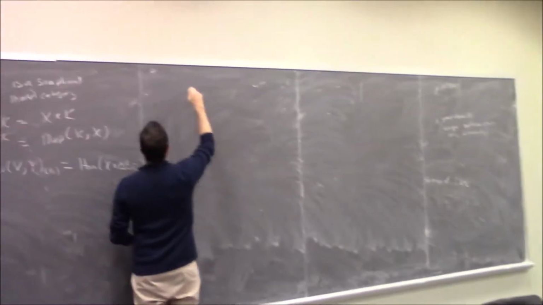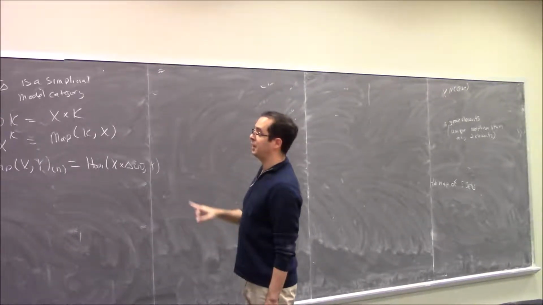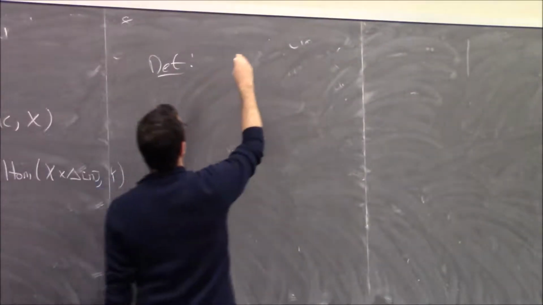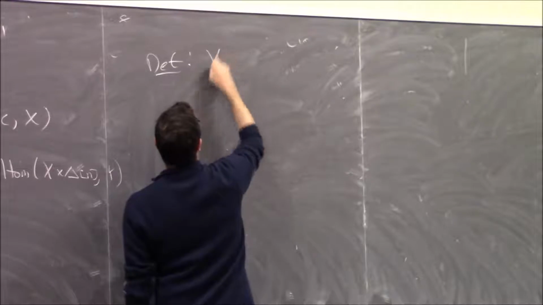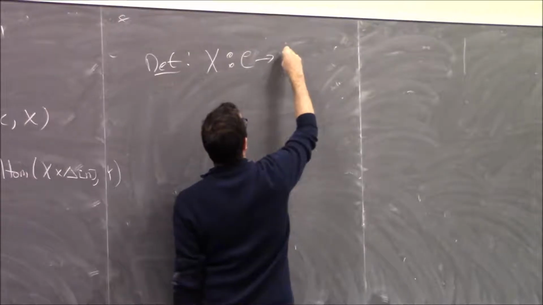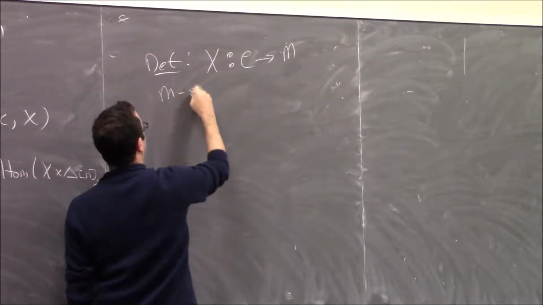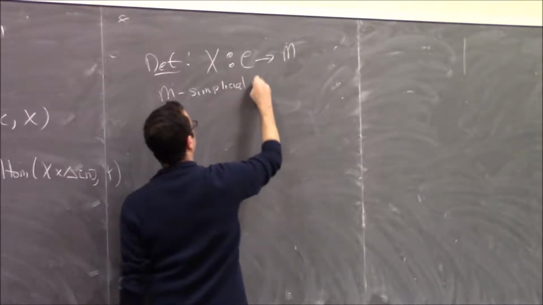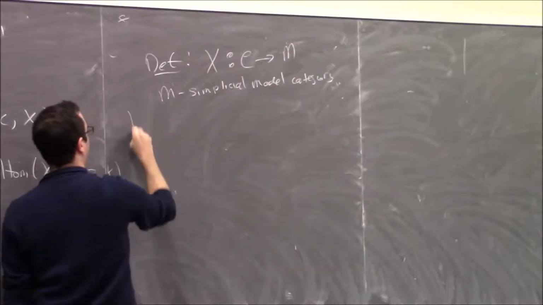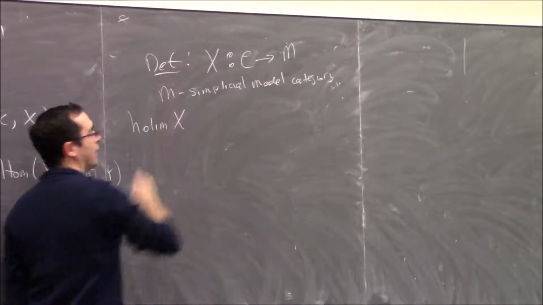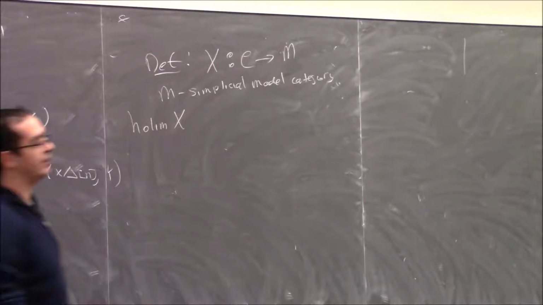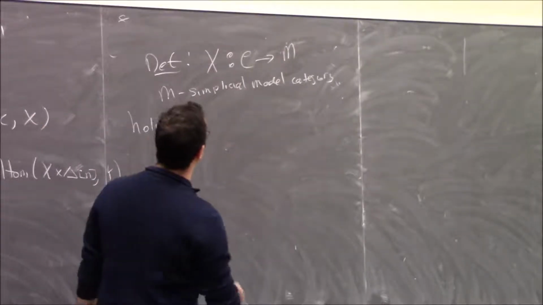Okay, so with this, we can define, if we have a diagram in a simplicial model category, the homotopy limit. It's the equalizer, what I wrote before, but now it's defined even if it's not Top.